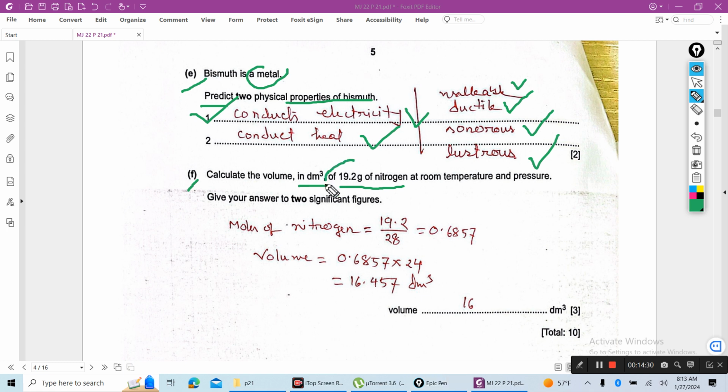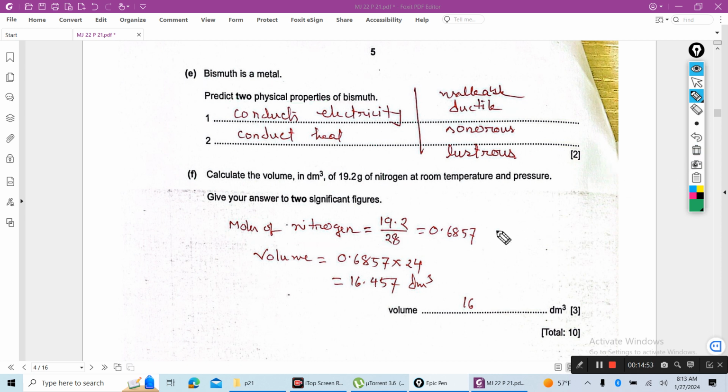Nitrogen mass is given, so we will apply the mole formula. Moles of nitrogen is mass divided by molar mass of nitrogen. Nitrogen is diatomic, so that's why 28, and you get the moles.